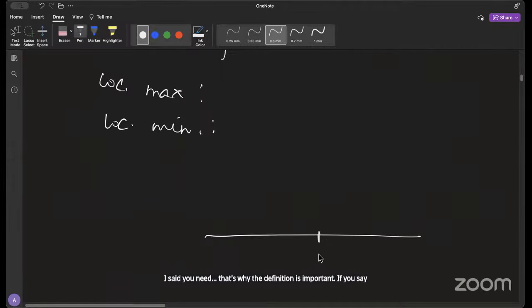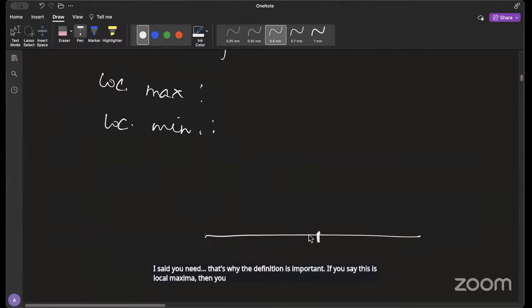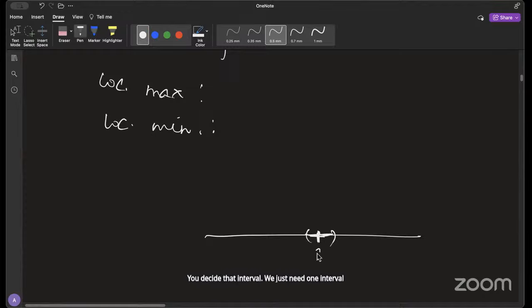If you say this is local maxima, then you will need at least one interval. You only need one interval. You're free to choose that interval. We just need one interval around this point A such that your f of x is less than f of a. That's it. So we want one interval around this point.